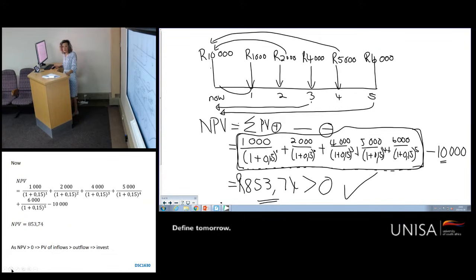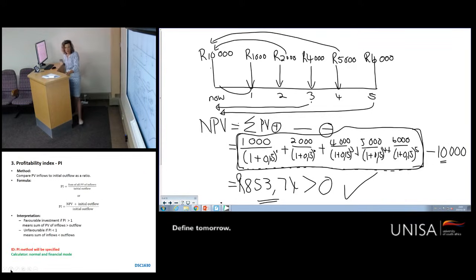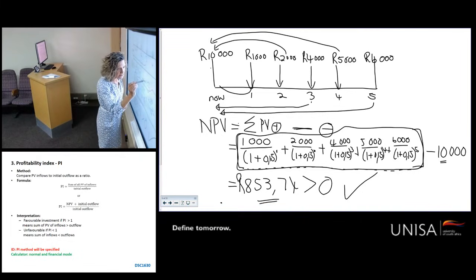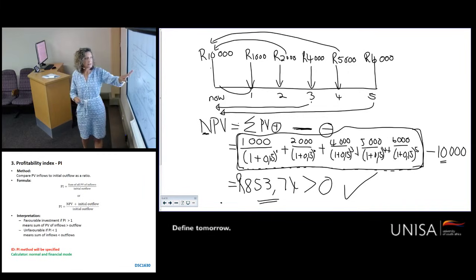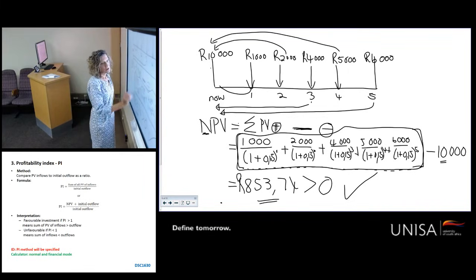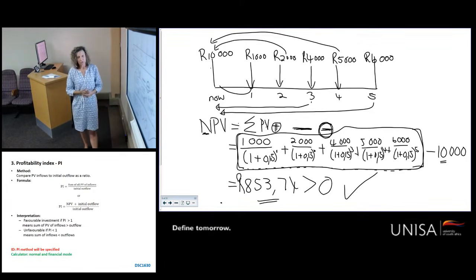Net present value is greater than 0, so I will invest. So in this instance, we subtracted, that's why it's called net present value. We subtracted the present value of the outflow from the sum of our inflows.